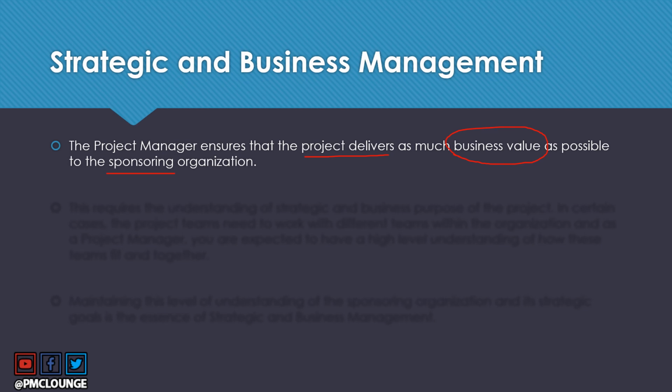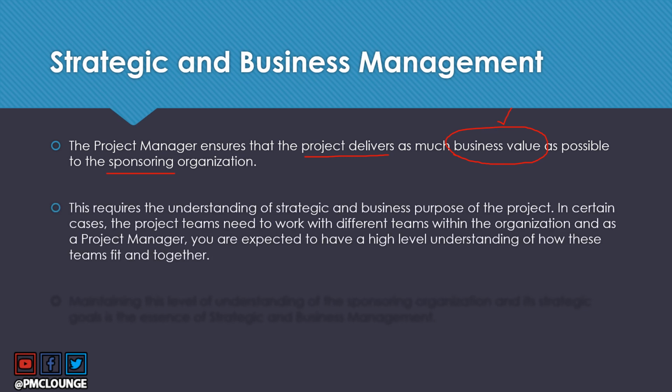So your sponsor could be one person, your sponsor could be the entire organization, and you need to make sure that as part of your project you deliver as much business value to them as possible, because they are the ones who are sponsoring the project, they are the ones who are paying the bills, they are the ones who are investing money in your project. Now, how do you do that?